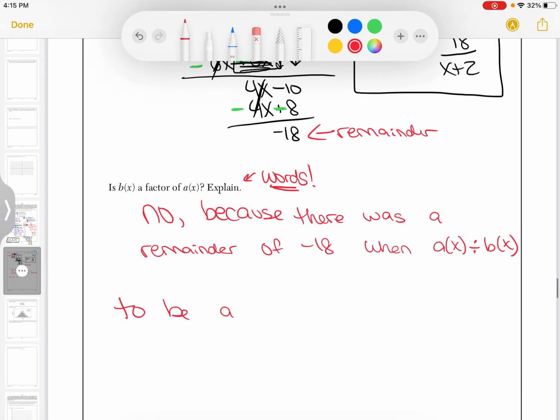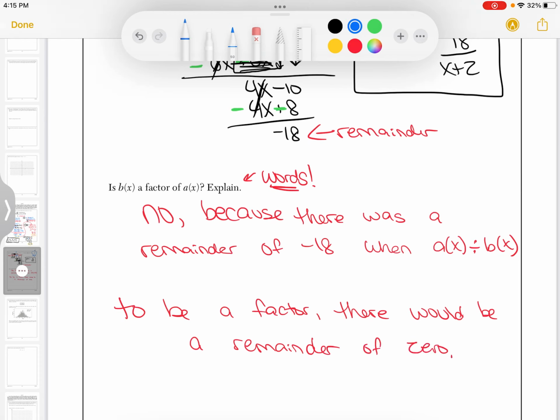Then I'm also going to say, to be a factor, there would be a remainder of 0. So if I did get a remainder of 0, the answer would have been yes, but I didn't, so the answer was no.